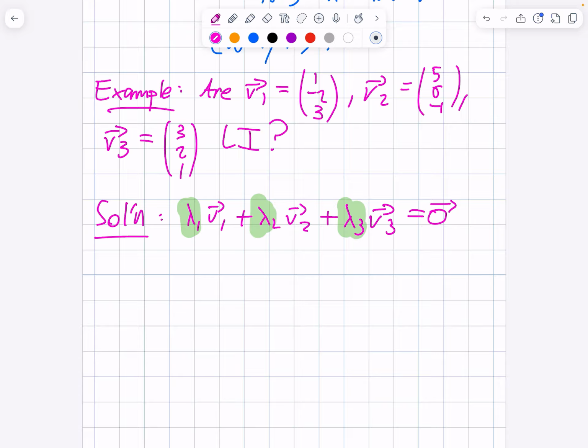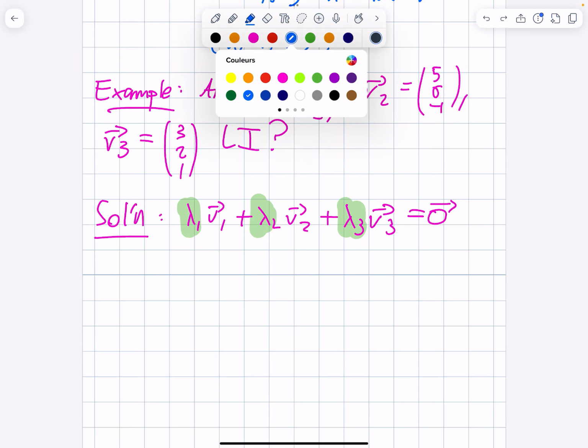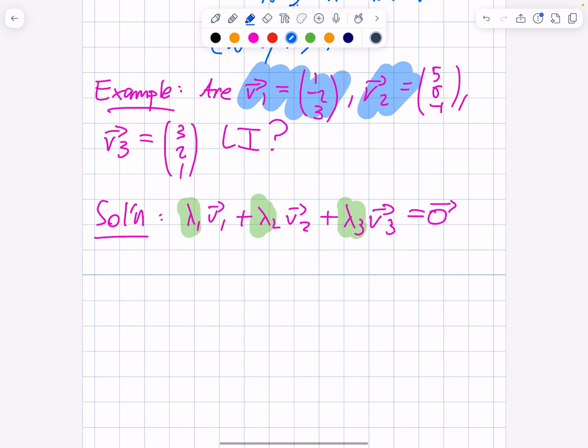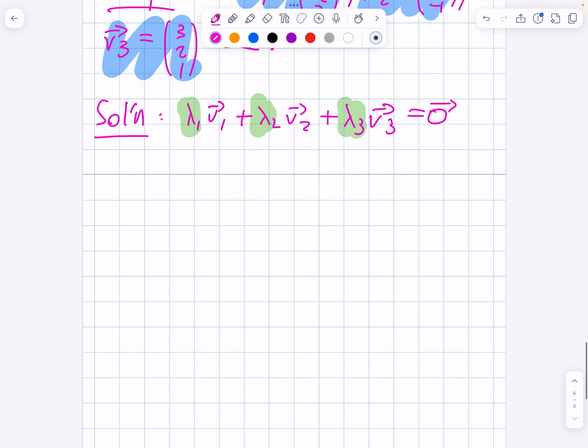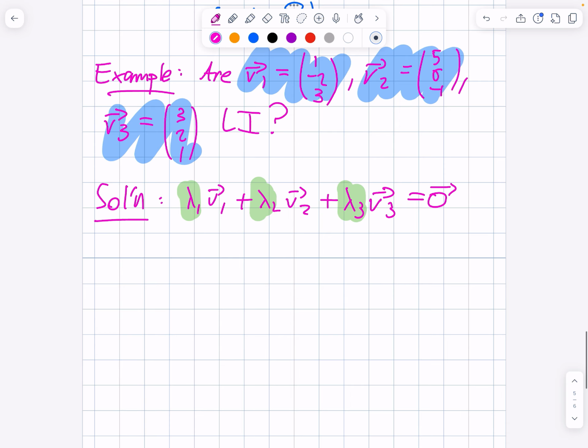So let's expand the v's using this form and do our scalar multiplication of the lambdas, and the system becomes the following. The first equation is lambda 1 plus 5 lambda 2 plus 3 lambda 3 equals 0.